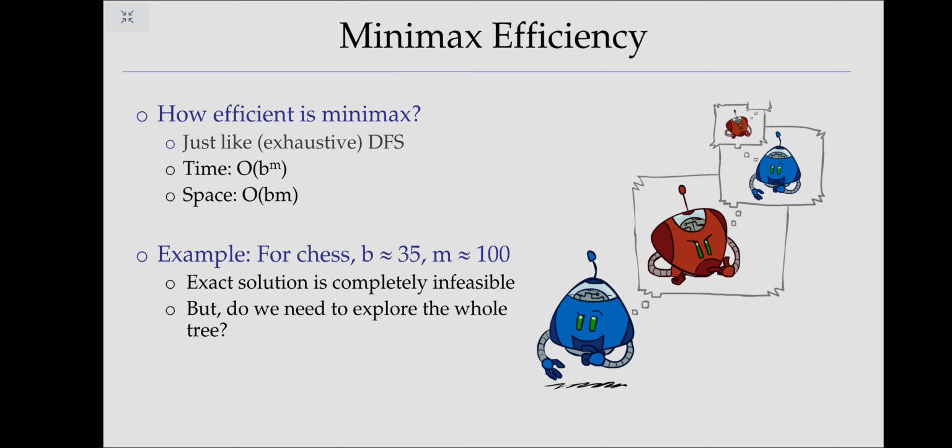And the space complexity is big O of b times m. But as you see, for larger scale problems, for example, chess, the complexity is very, very high, and it is infeasible to check the entire tree.